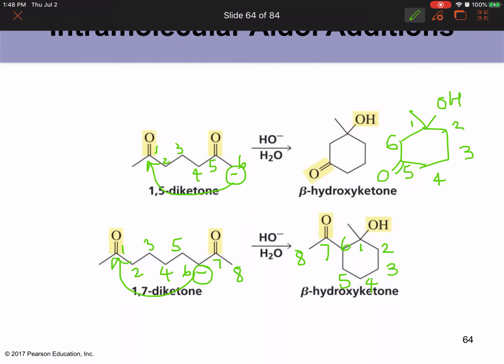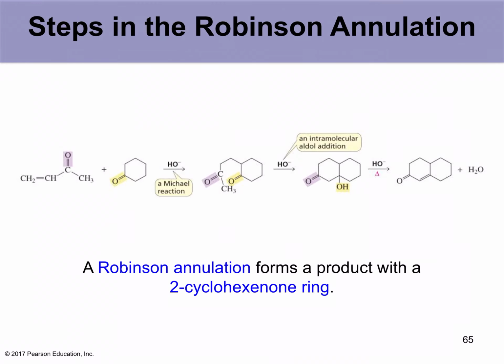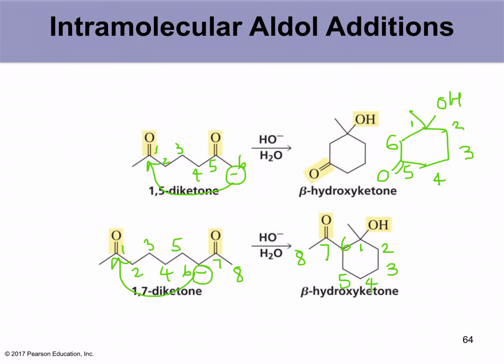On the first carbon, number 1 carbon has this methyl group and then the OH, and number 6 carbon has this CO and CH3. Okay, we'll stop here.